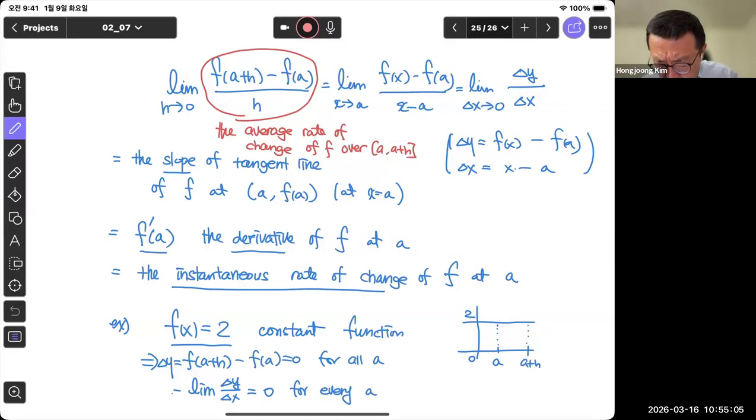And this limit is f prime at a. So in the case of a constant function, the instantaneous rate of change of that constant function at every point will be 0. Or in other words, the derivative of this constant function at every point a will be 0. Questions?